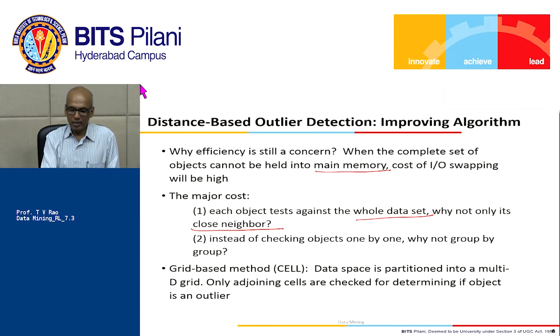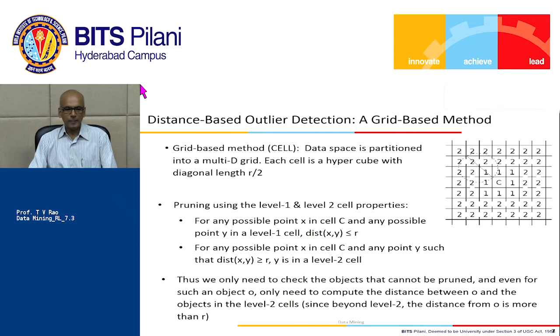And also we may take the advantage, instead of checking once we have divided the entire objects into the grids, so we have the groups of objects and we can compare group by group. So we have a grid based method for finding out the distance based outliers.